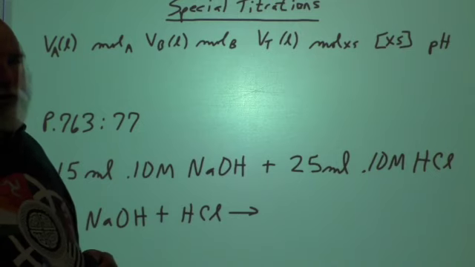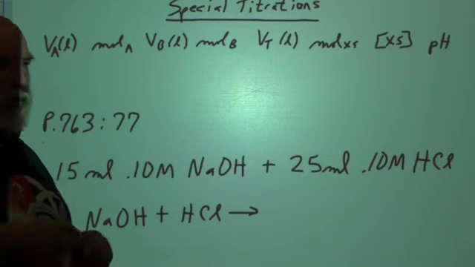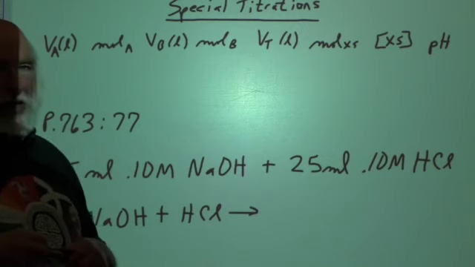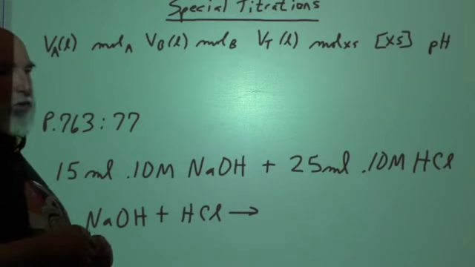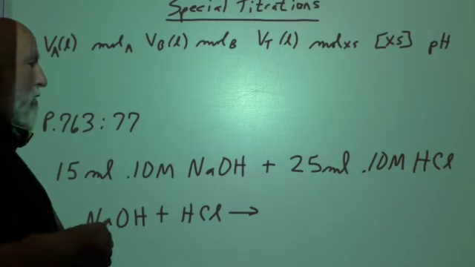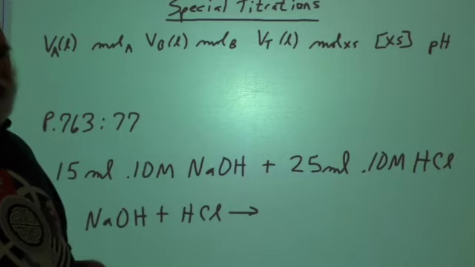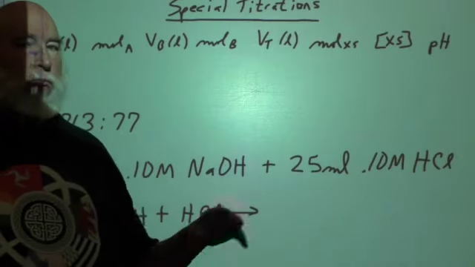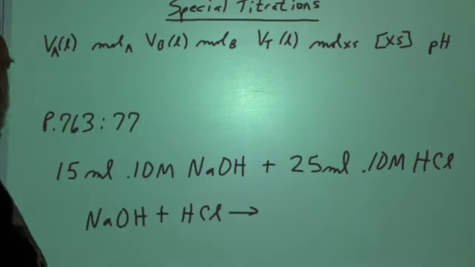The equivalence point is where the moles of acid and the moles of base are the same. We have 2 problems that involve that, and so that will automatically be stage 3 problems and how we deal with that. So that's the preface to all of this. It sounds complicated, but if you're able to do the 4 previous titration systems, this will be much easier to do. All right, so let's start off with number 77.